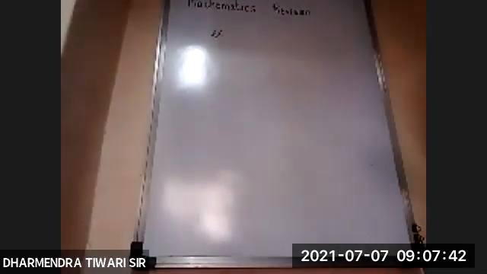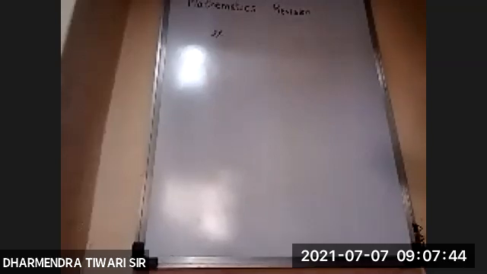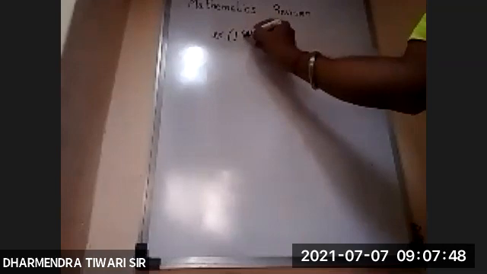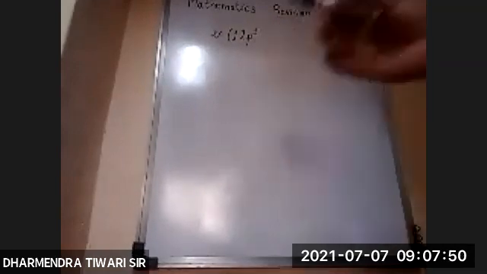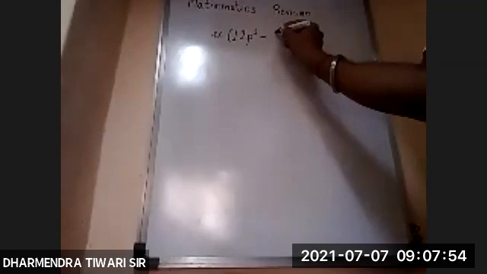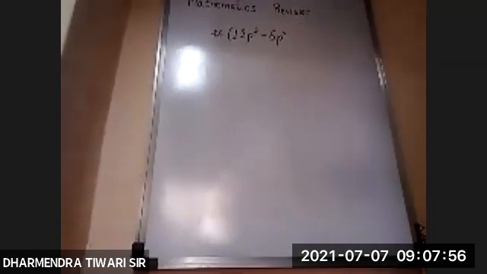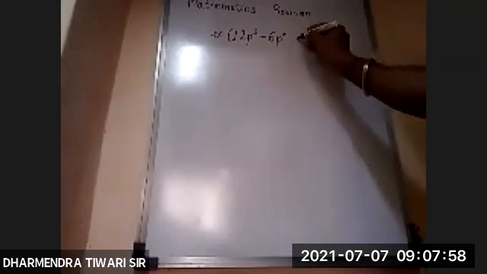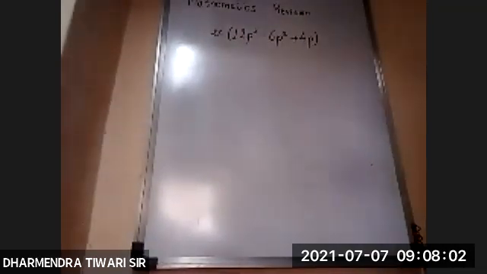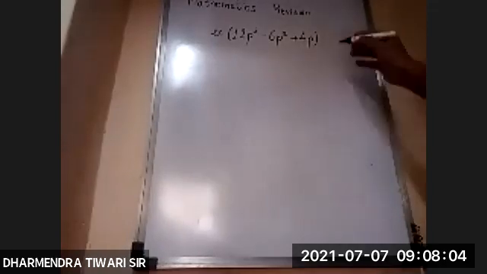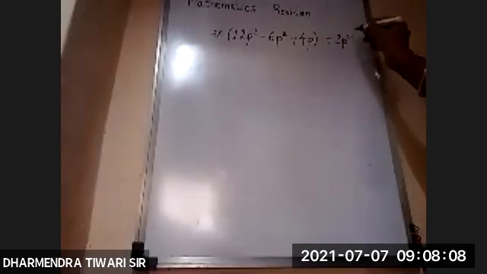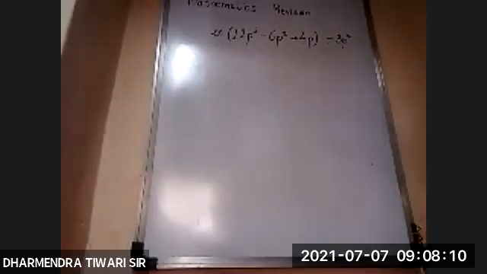Example. (12p cube minus 6p square plus 4p) divided by 3p square.